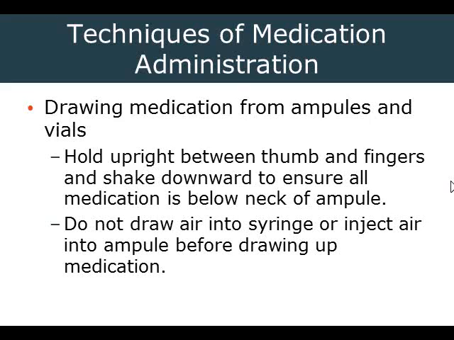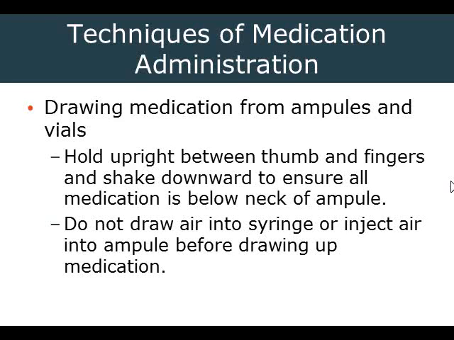So the ampule is a completely glass container. We have to break the top off the glass container, and then we'll draw our medication out of that. A vial, on the other hand, has a rubber stopper in the top of it, as opposed to a large piece of glass. And if you look at page 305, you will see a vial as opposed to the ampule.